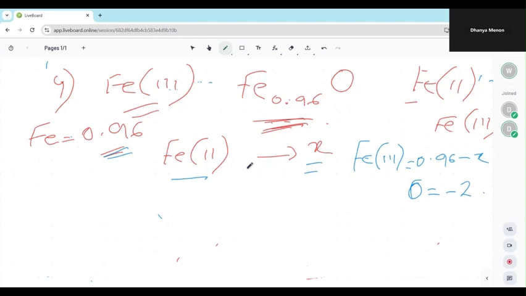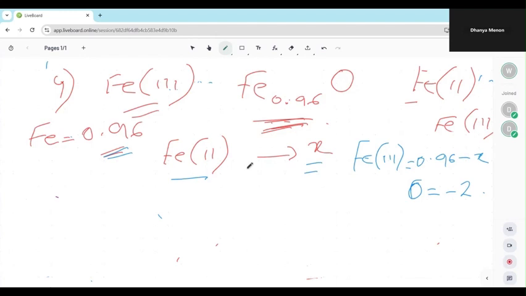But when a compound is formed, it is neutral. Equal and opposite charge, they neutralize each other. So we will write in this manner: the charge of iron is equal and opposite to that of oxygen. In that way we will solve.